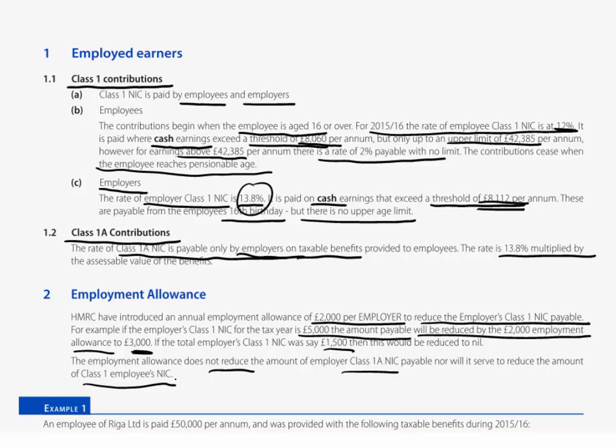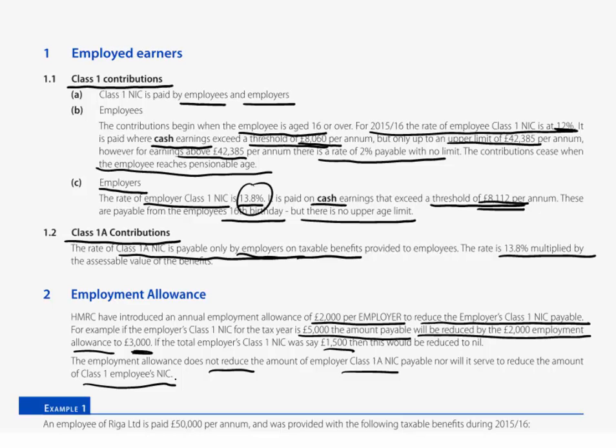For the employee, there is a lower limit below which you don't pay, and then an upper limit; from lower to upper at the standard rate of 12%, above the upper just 2%. For employers, above a slightly different lower limit, everything above that at 13.8%, nothing below that. Employers also have the pleasure of paying Class 1A contributions in relation to the taxable, the assessable benefits.